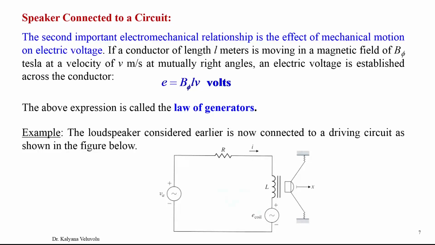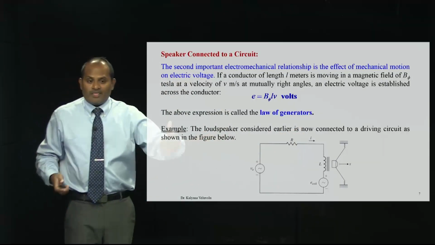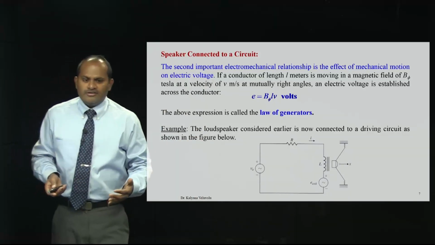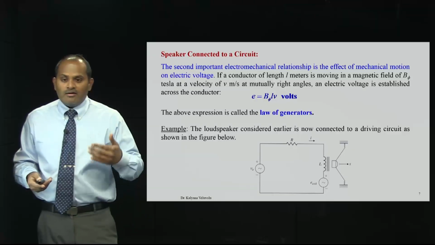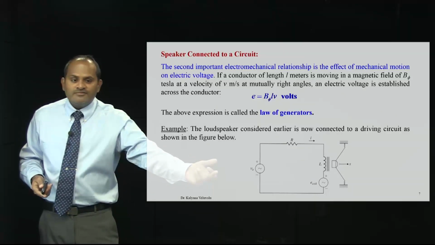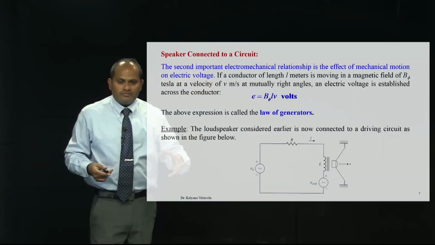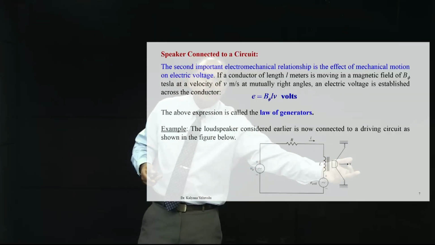When this circuit drives the speaker, when you change the voltage, the current changes, the inductor effect changes, and because of that the displacement of the speaker changes with the change in the voltage. Our objective is to formulate the model from the input voltage VA to the output mechanical displacement X.